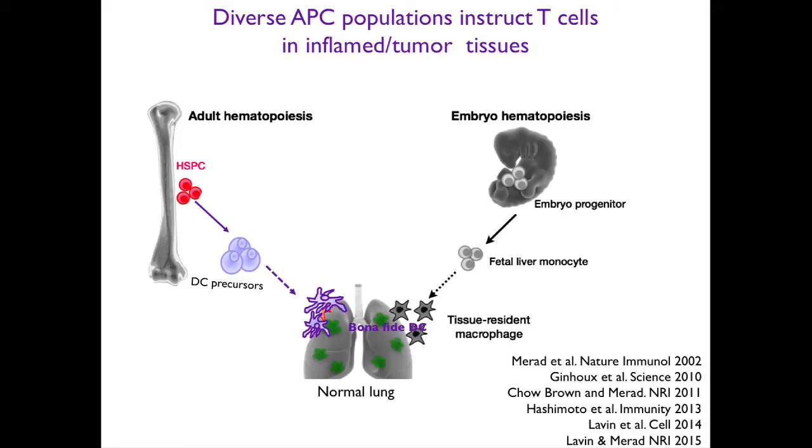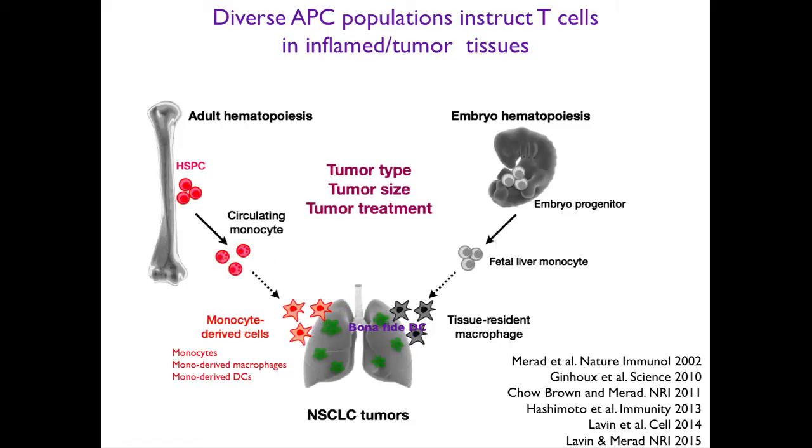These tissues are also inhabited by another important APC compartment called dendritic cells, which we often refer to as bona fide dendritic cells. These dendritic cells, in contrast to the tissue-resident macrophages that I've just described, arise from dedicated precursors in the bone marrow that are constantly recruited to the tissue to maintain the cellular compartment.